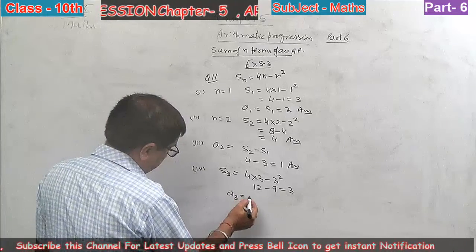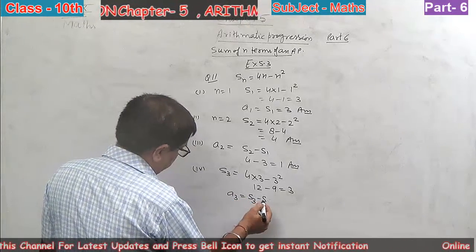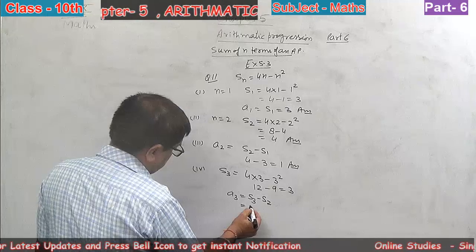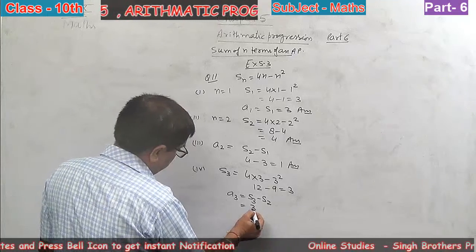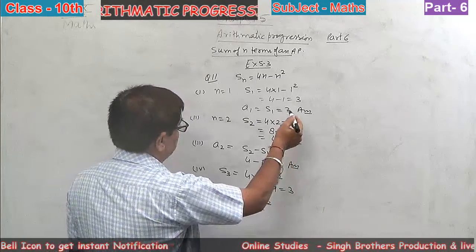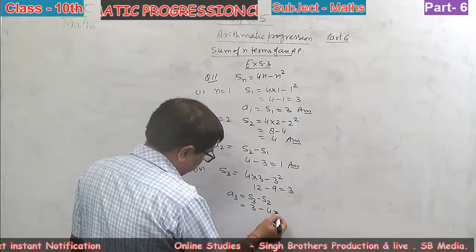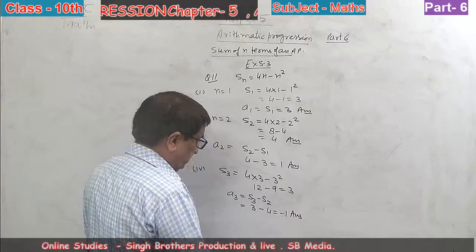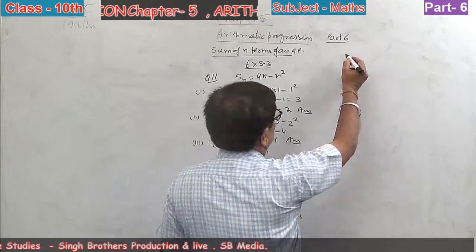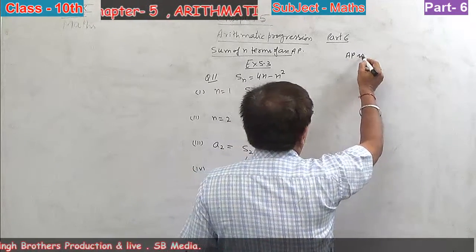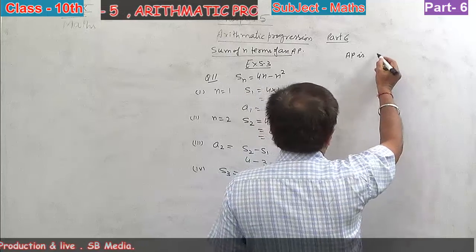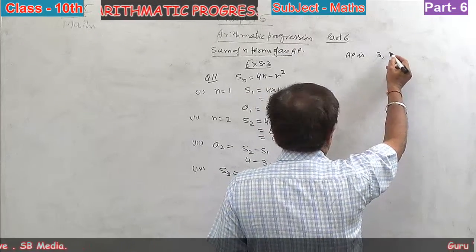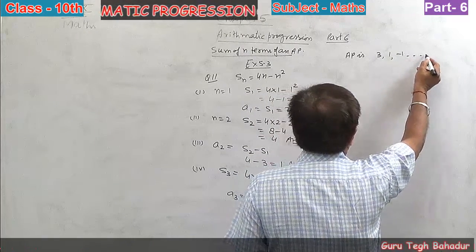A3 is equal to S3 minus S2. So S3 is 3, S2 is 4, that is equal to minus 1. This is the fourth part. So the AP is 3, 1, minus 1 and so on.